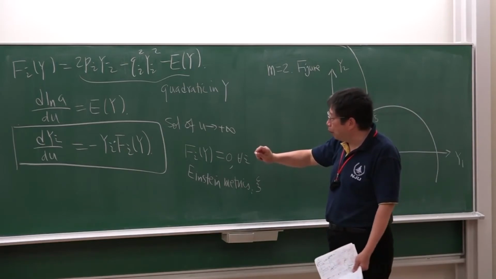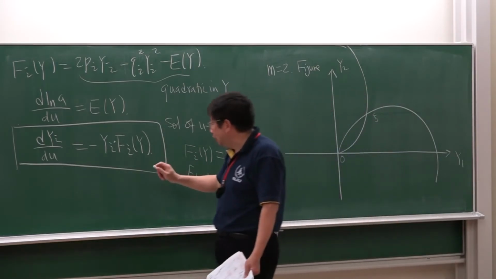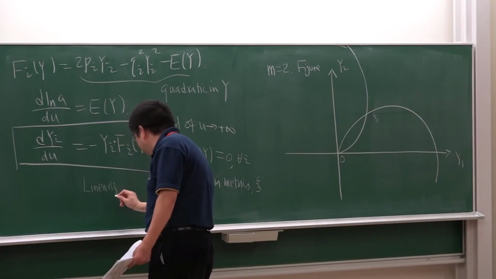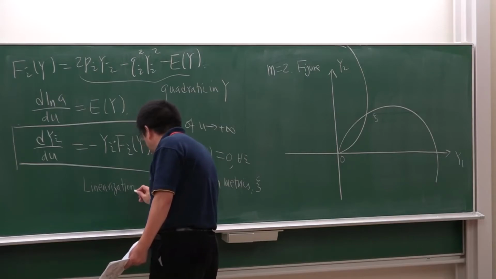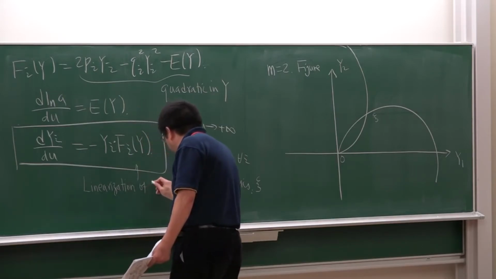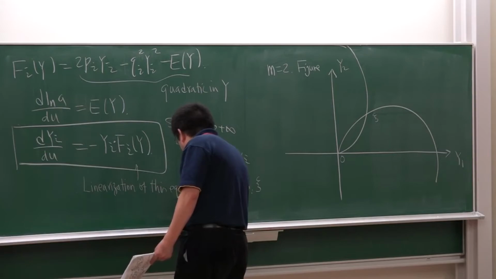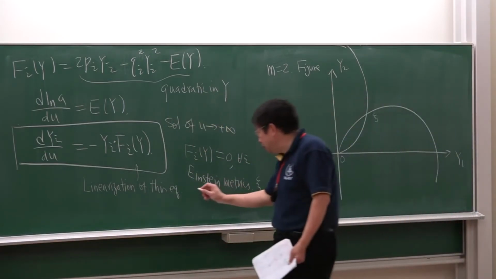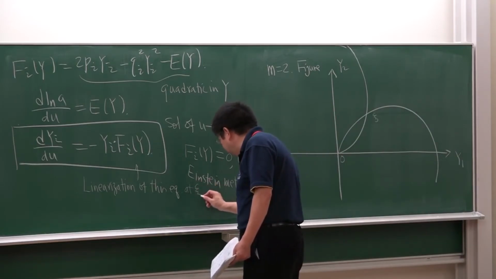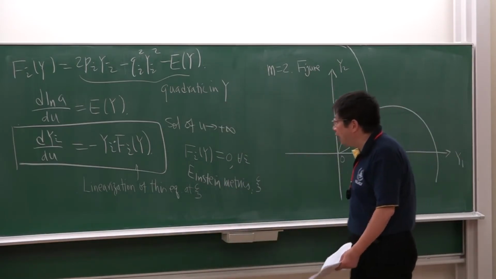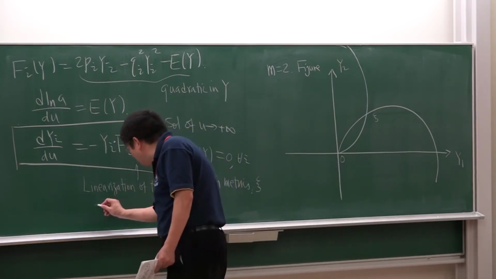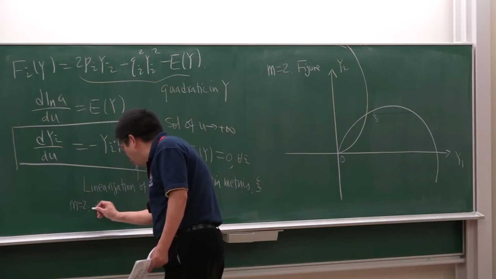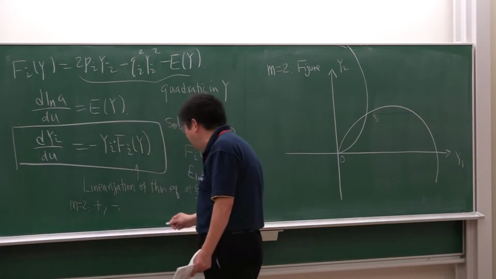So the so-called linearization. If you look at the linearization of this equation at C, you will see, in the case m equal to 2, you have one positive eigenvalue and one negative eigenvalue.